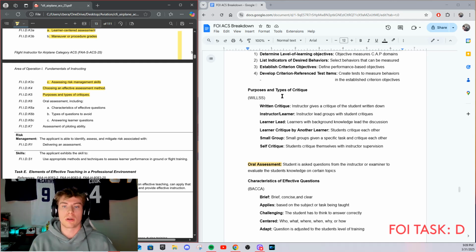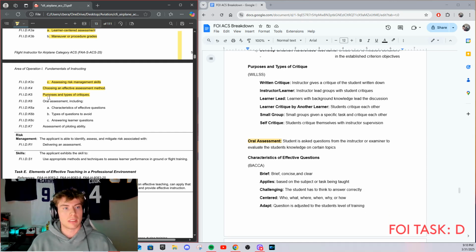Small groups will be given a specific task, so just breaking everyone up and then they critique each other in that small group. That way it's more personable and like you're in a smaller group. And then self-critique, so just have the students critique themselves with the instructor supervision. That would be that one.